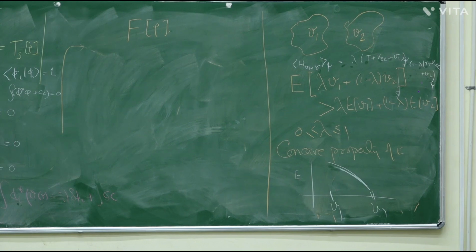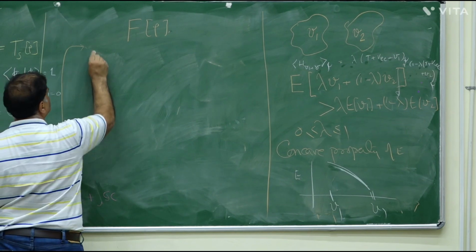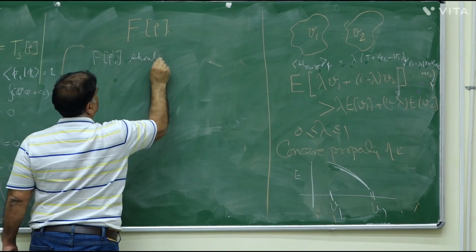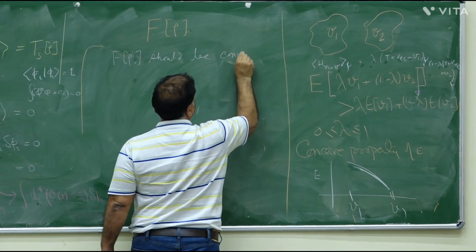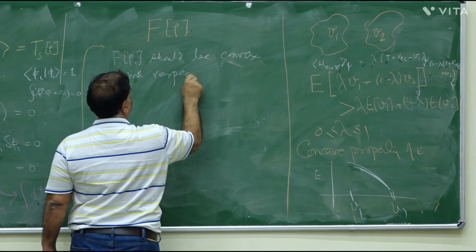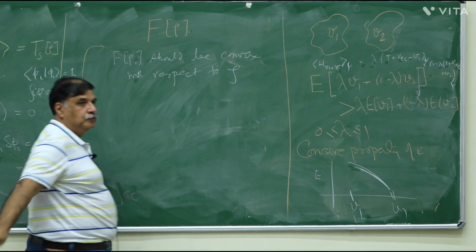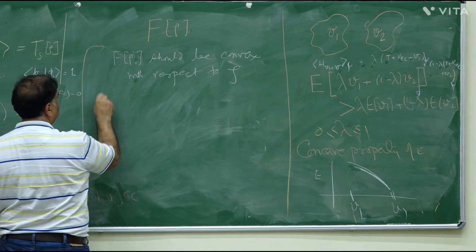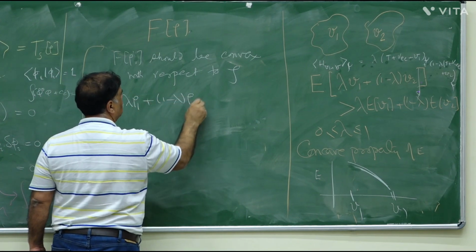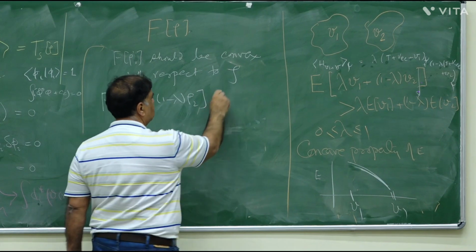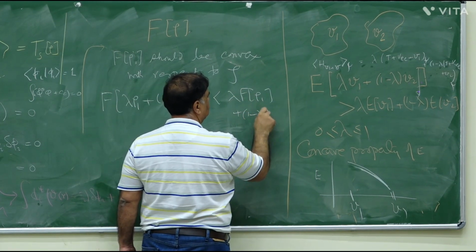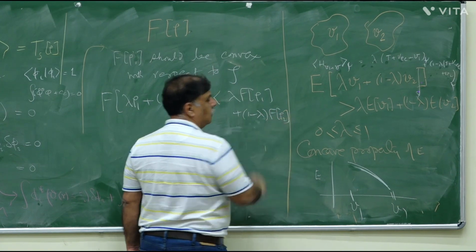Now, what one wants in F rho is that F rho should be convex with respect to rho. What it means is that F of (lambda rho 1 plus (1 minus lambda) rho 2) should be less than lambda F rho 1 plus (1 minus lambda) F rho 2.